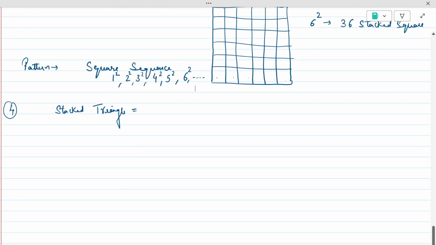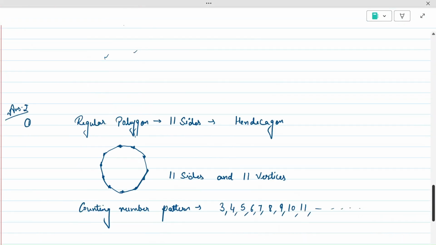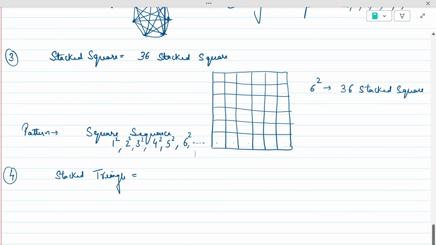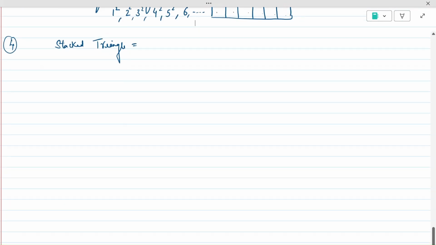Now, next we have a stacked triangle. So here in the figure, the last triangle we have made is again a square of 5. It has 25 triangles. So next we will make a square of 6. That is, the triangle will have 36 stacked triangles. Okay. So we have to make a 6 square, that is 36 stacked triangles.